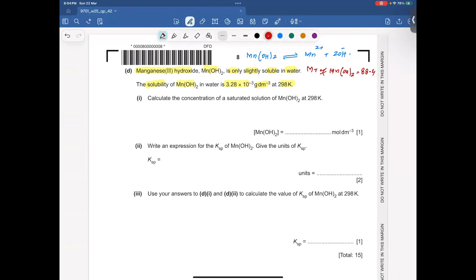And from these two values, I can find the concentration of magnesium hydroxide. So gram per dm cube is 3.28 into 10 to the power minus 3 equals mole per dm cube into Mr, which is 88.4. When you divide the value, you will get the concentration of magnesium 2 hydroxide.